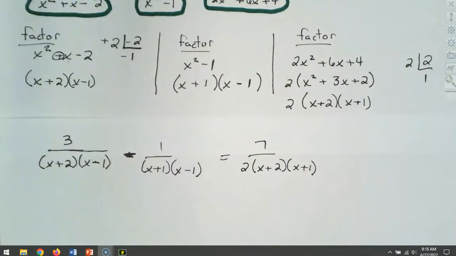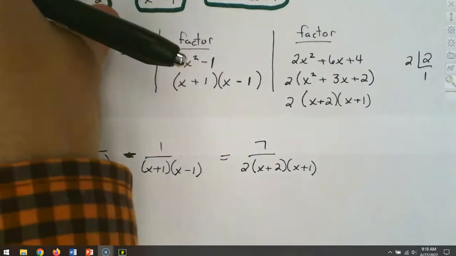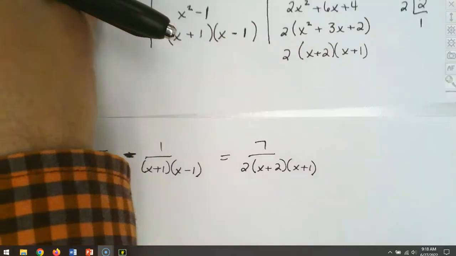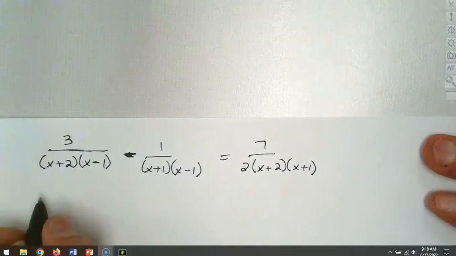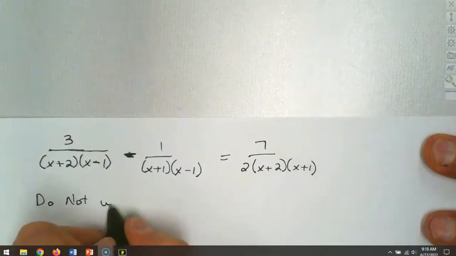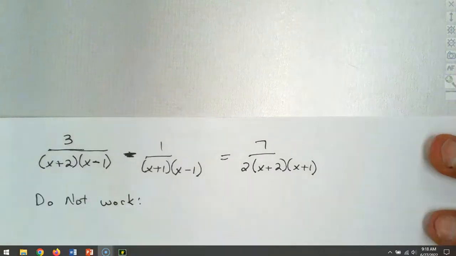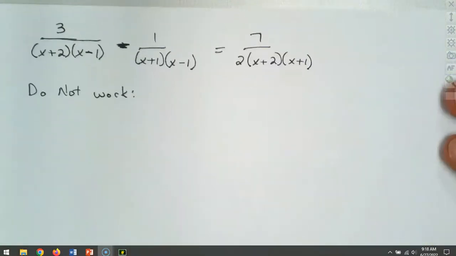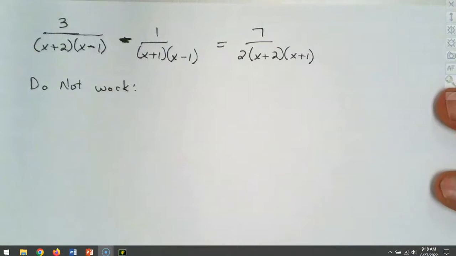So everything has been factored, right? Now we need to find the numbers that do not work. You can almost just look at it and see what numbers do not work.